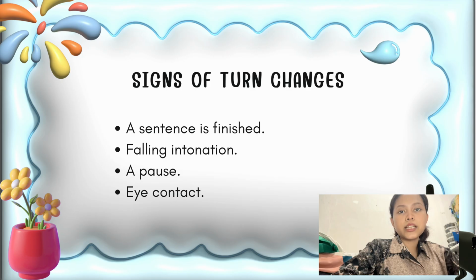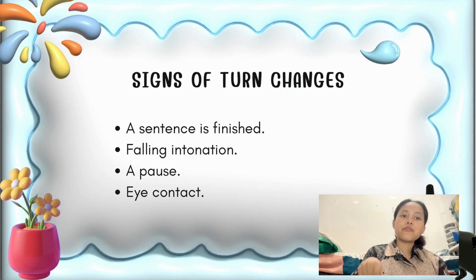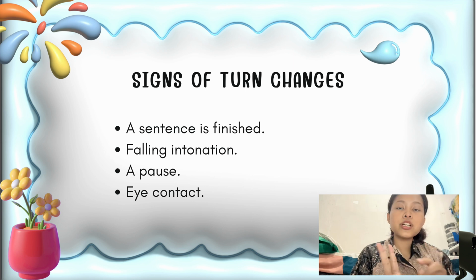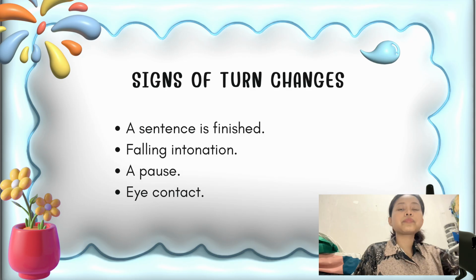Next, there are several signs that show a turn change. A turn may change when a sentence is finished. Falling intonation can signal the end of a turn. Pause or silence can also show that another speaker may start speaking. Eye contact can invite the other person to take a turn.